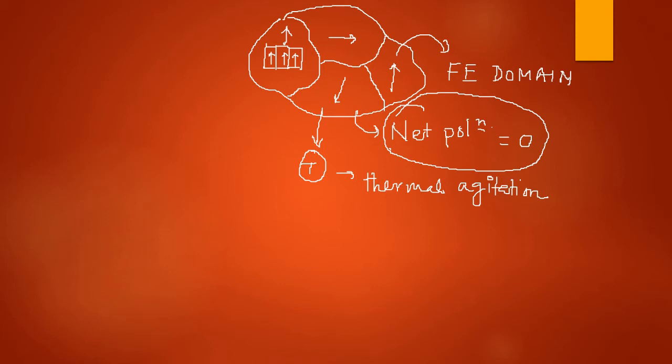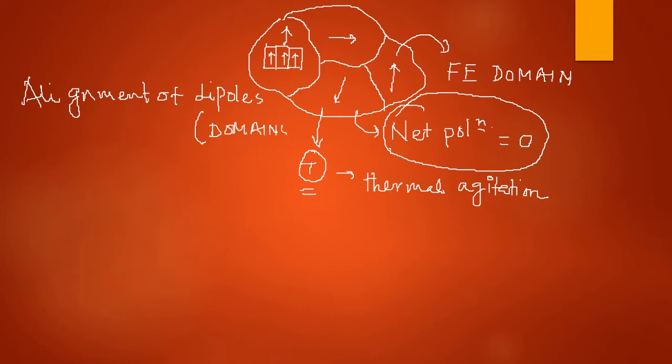This process of alignment of dipoles, or the domains, is what we call the poling process.